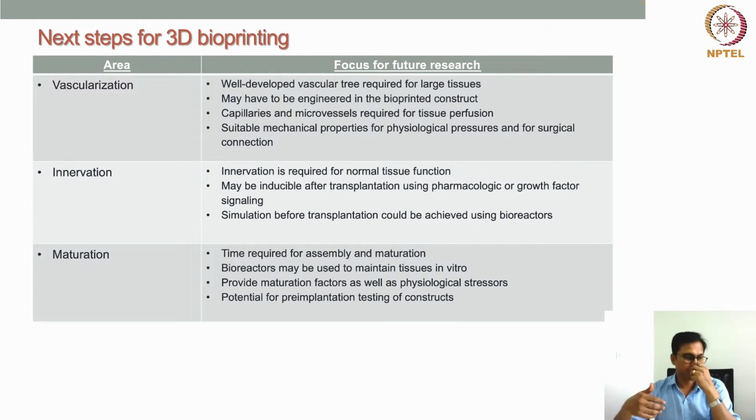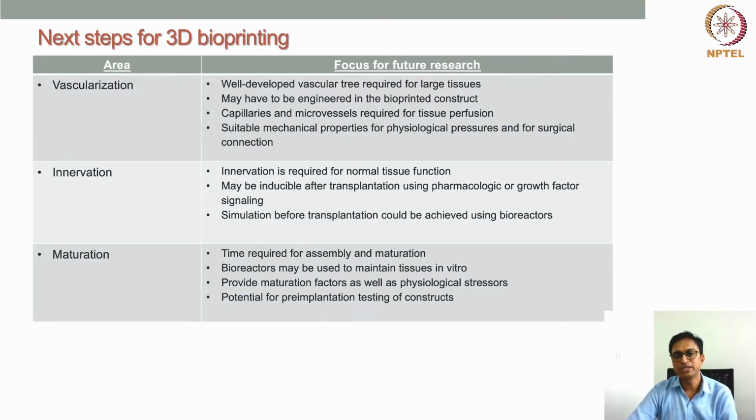Other than this, the surgical connection is the weak point, and from there the blood can also leak. That can also lead to other complications. So that's why the blood vessels should have suitable mechanical properties, they should be able to work at the physiological pressure level, and surgical connections are another very important thing.